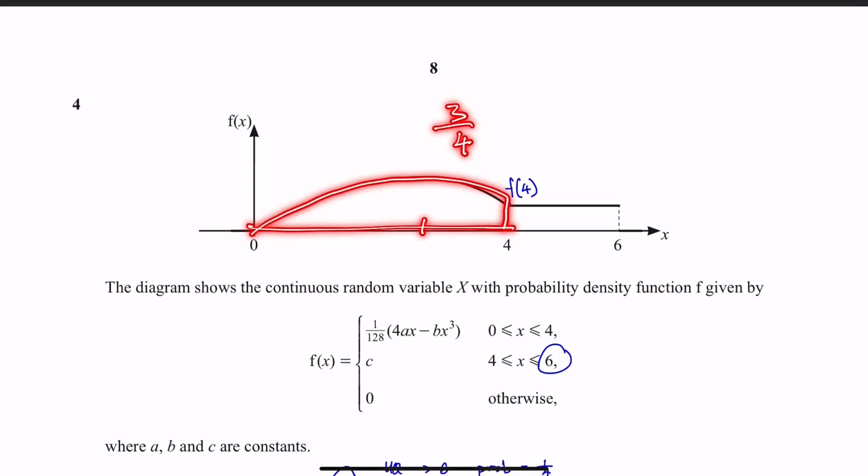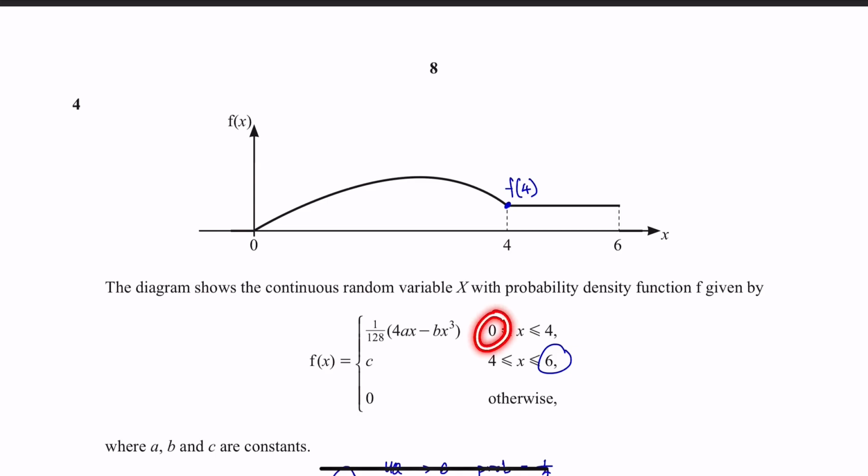So 1 over 2 is maybe somewhere over here, right? So the median would be around here, which is in this interval. So we just have to integrate from 0 to m, the median, to find the value.